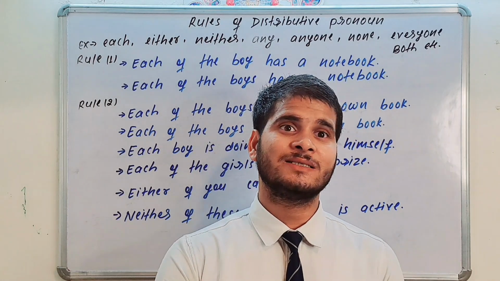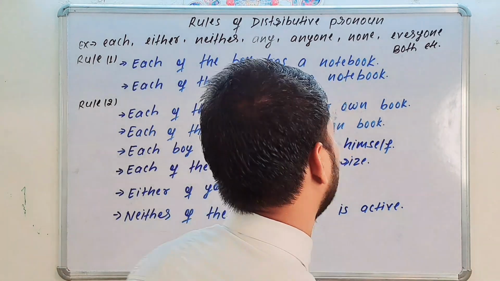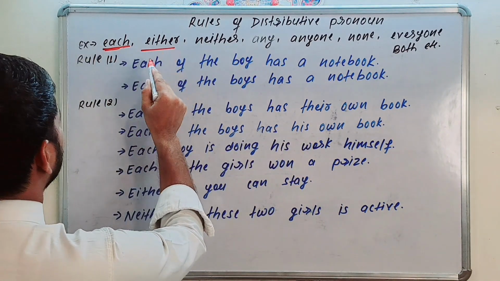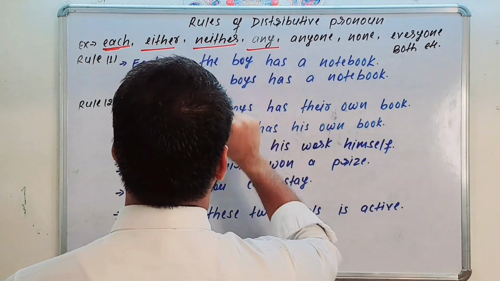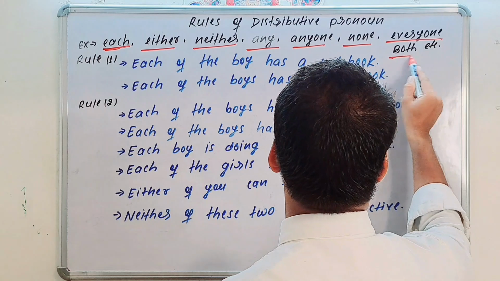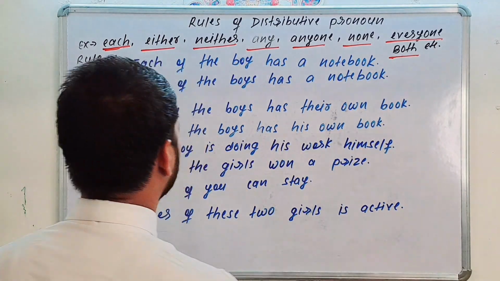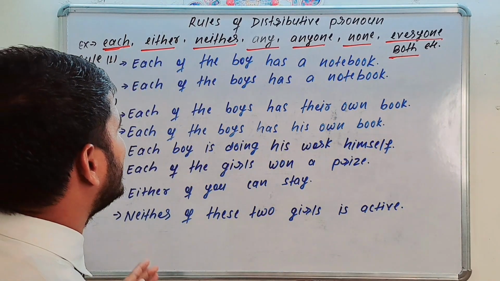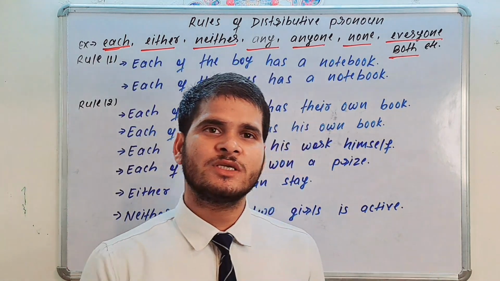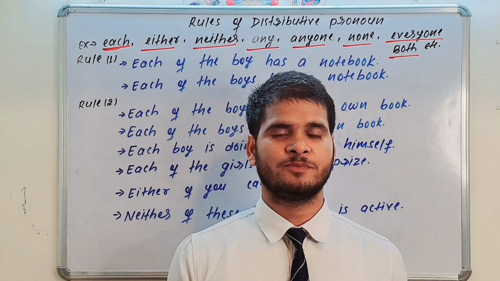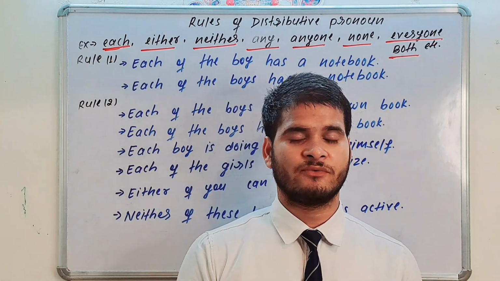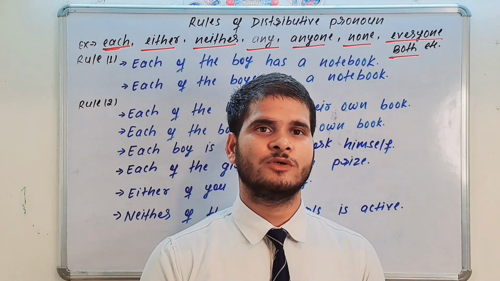Now let's see examples of distributive pronouns: each, either, neither, any, anyone, none, everyone, both, etc. These all words are distributive pronouns, used as distribution of a noun.